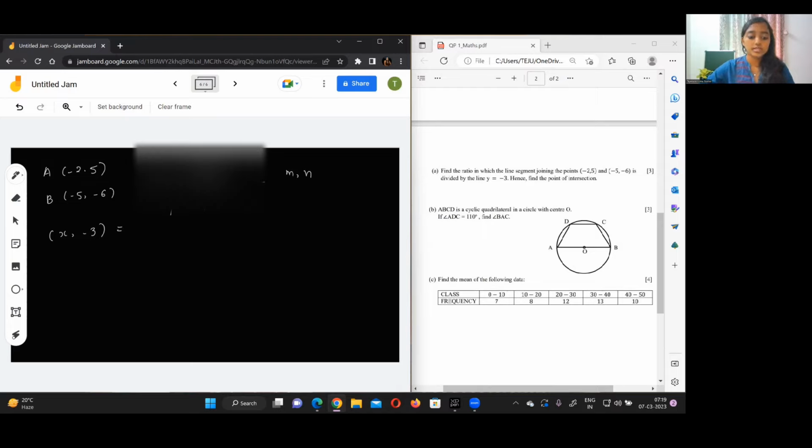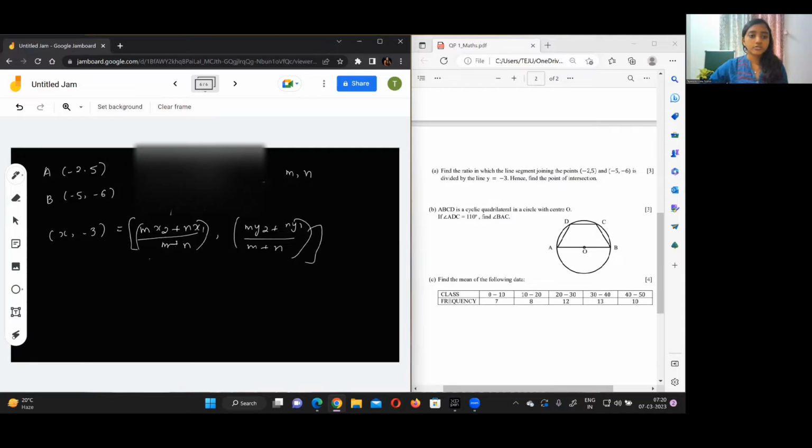Let's consider the ratio to be m comma n. So you know the formula, let's substitute it directly: (mx2 plus nx1) by (m plus n), comma, (my2 plus ny1) by (m plus n). That's our formula, right?